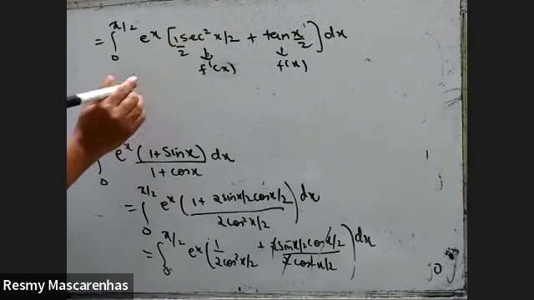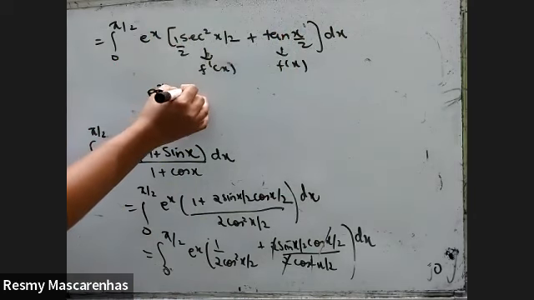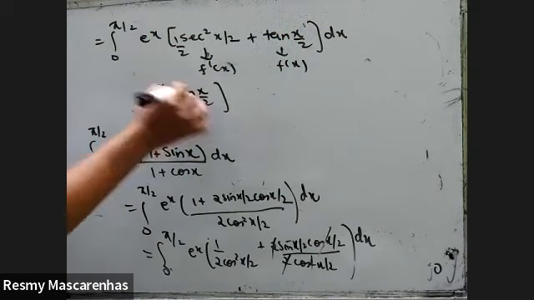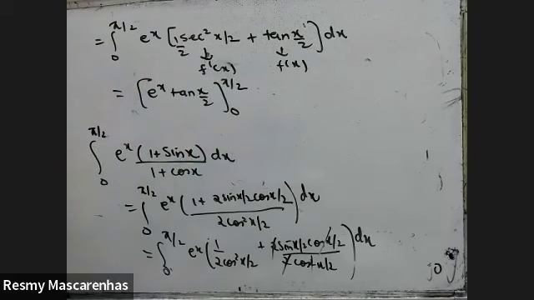So straight away answer will be e raised to x f of x. So pi by 2 upon 2.